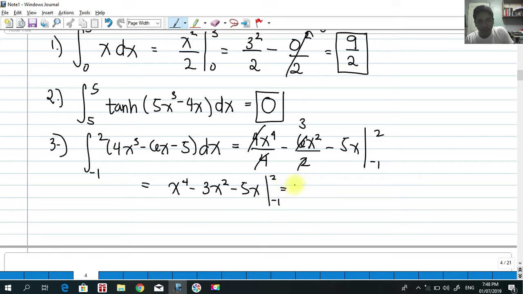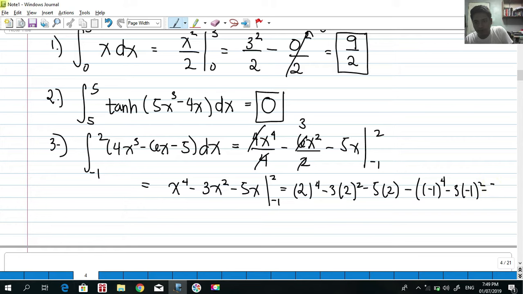What happens next? We can now substitute. Be careful: 2 raised to 4 minus 3 times 2 squared minus 5 times 2, minus, this is the minus sign, the quantity -1 raised to 4 minus 3 times -1 squared minus 5 times -1.